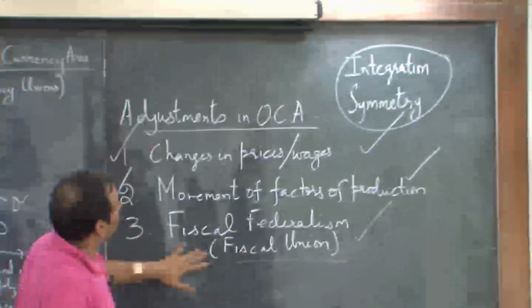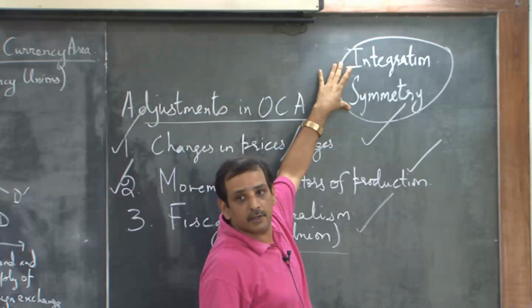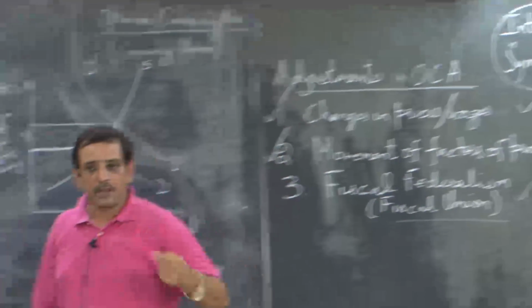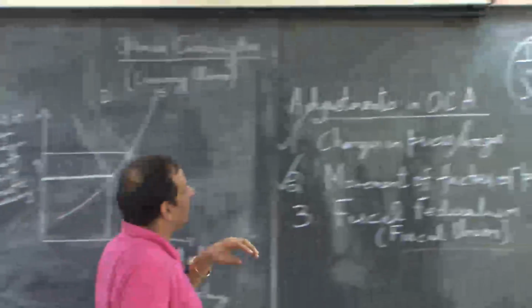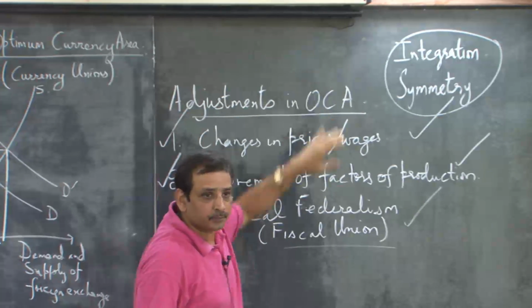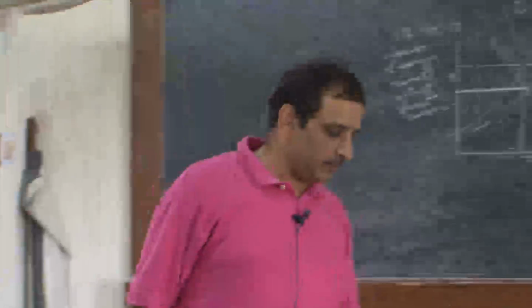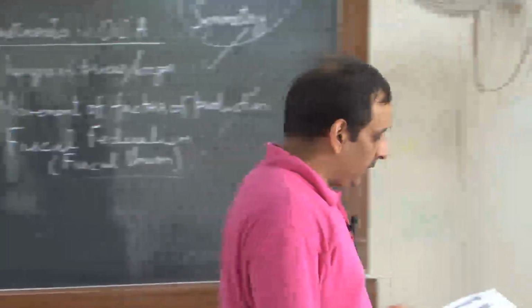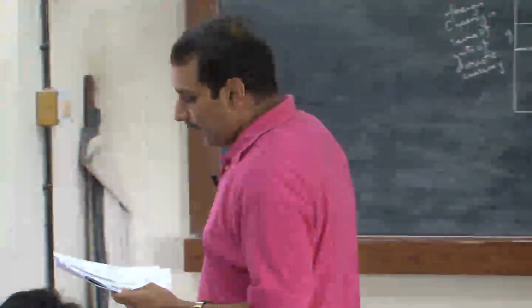So these adjustments were reclassified into integration and symmetry. And then the debate was whether the US or the EU were good contenders for an OCA, optimum currency area. So this table, which is given in Feenstra and Taylor, they do a simple exercise where they work out the OCA integration criterion, the OCA symmetry criterion, and the OCA labor mobility criterion.